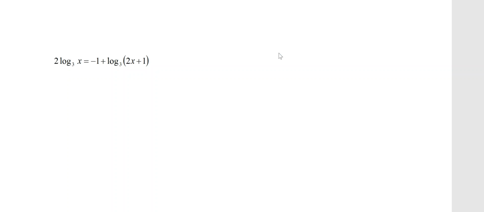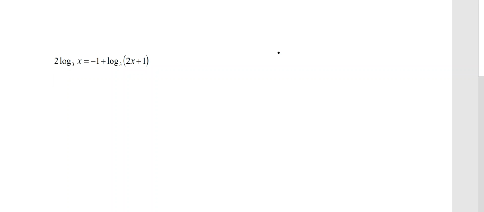We're going to look at your turn problem, the first one, which involves solving logarithmic equations. The first thing I notice is that there are two logarithms and a number, so I'm going to want to bring all the logarithms to one side.